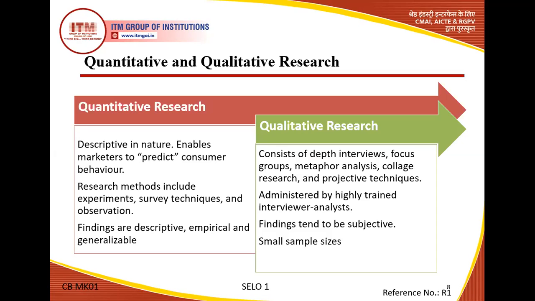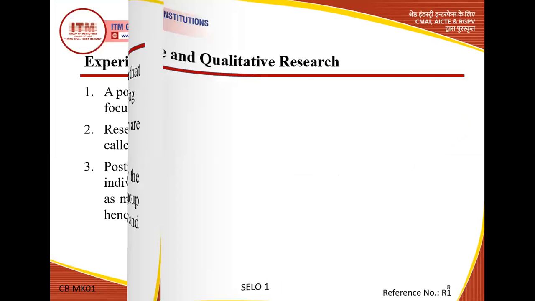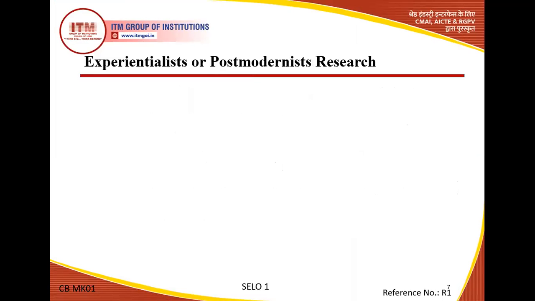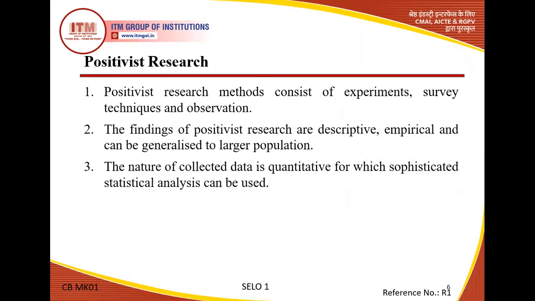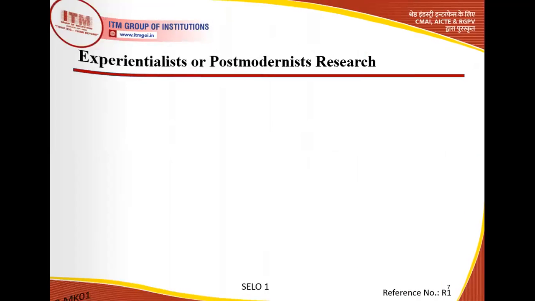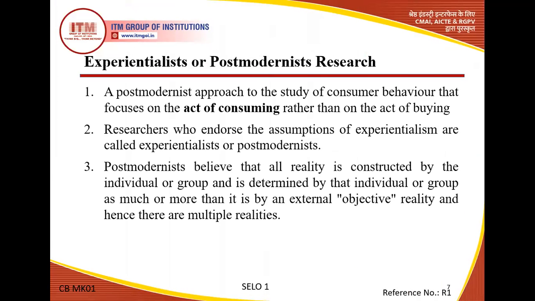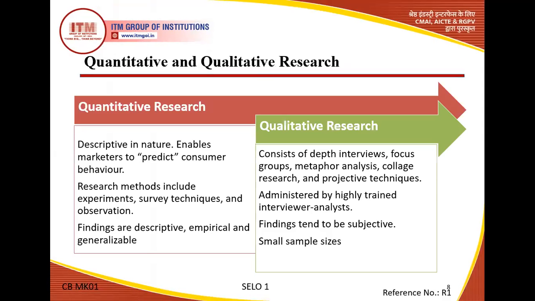As I told you previously, this is the positivist research. So we can say that quantitative research is the same as positivist research, and qualitative research is the same as postmodernist research, because the characteristics are the same.